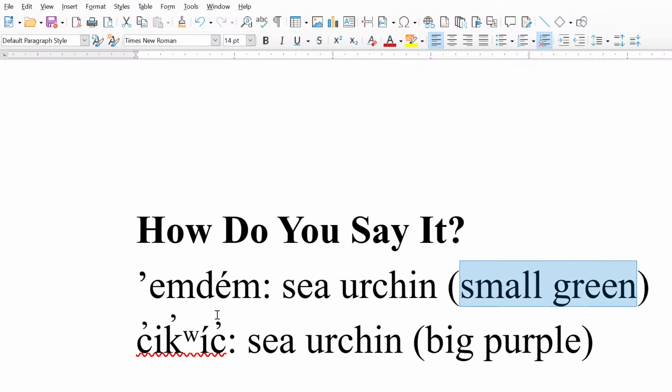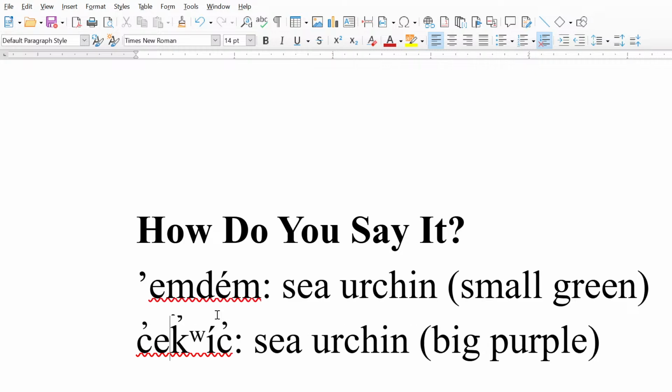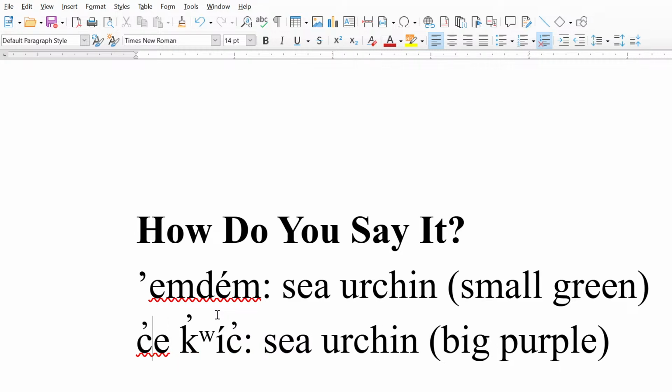Specifically, it's the small green sea urchins. The next word is, actually, this one needs to be changed. Quick correction there. This is tequeets. So again, if we break the word into syllables, tequeets.